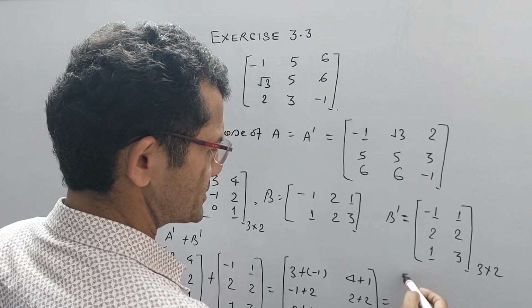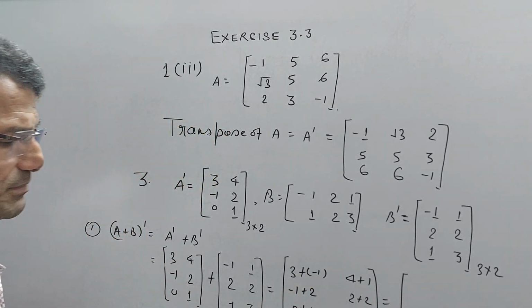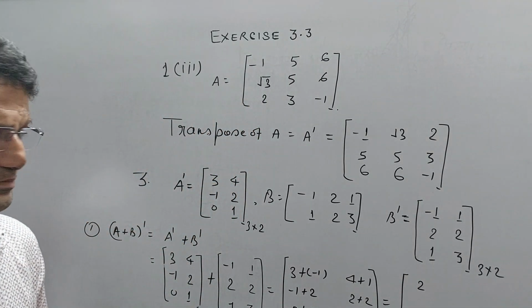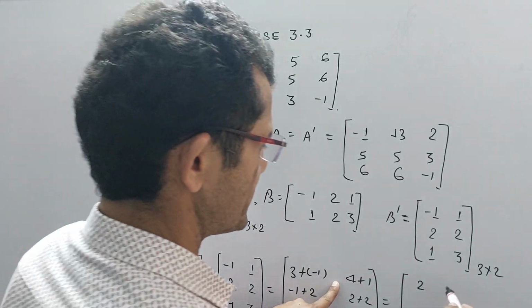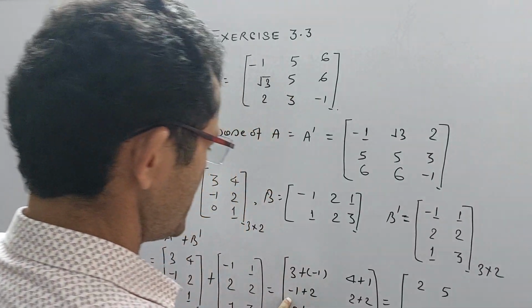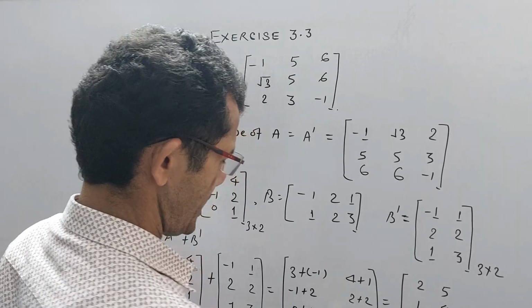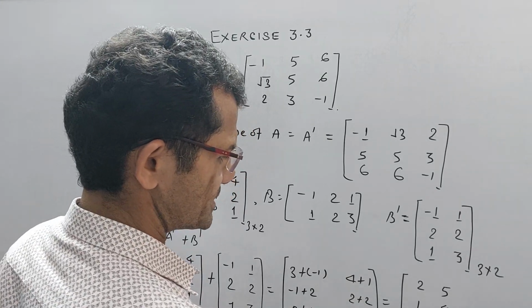If I simplify this, 3 plus minus 1 is 2, and 4 plus 1 is 5, and minus 1 plus 2 is 1, and 2 plus 2 is 4, and 0 plus 1 is 1, and 1 plus 3 is 4.